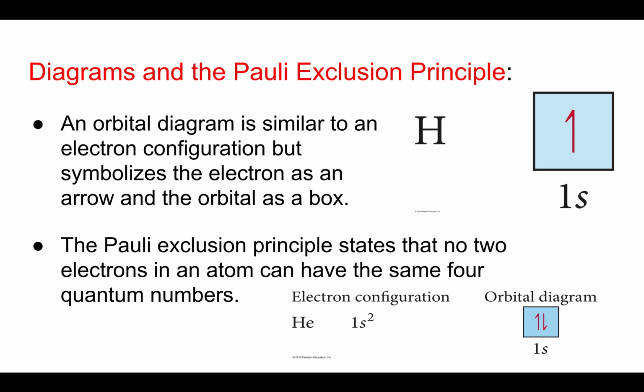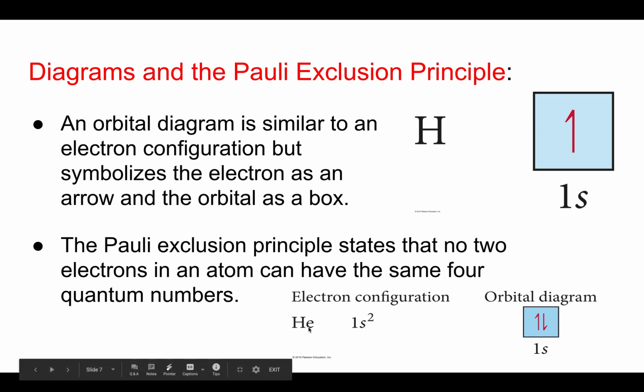This is just how to represent it with a diagram. Again, for H, we just have one electron in a 1s subshell, and we would write it spin up.